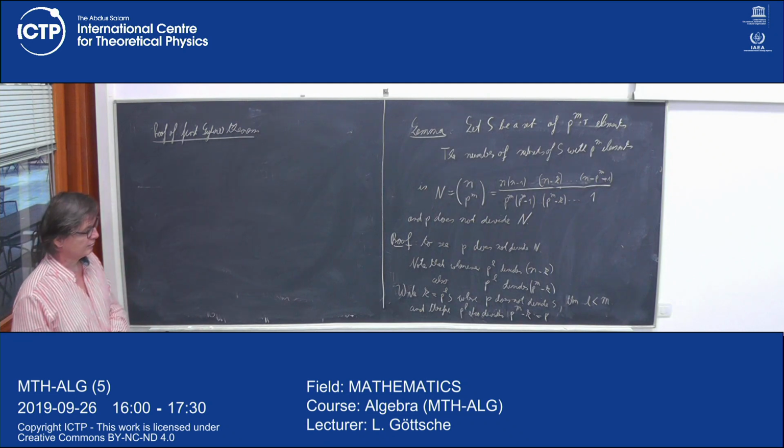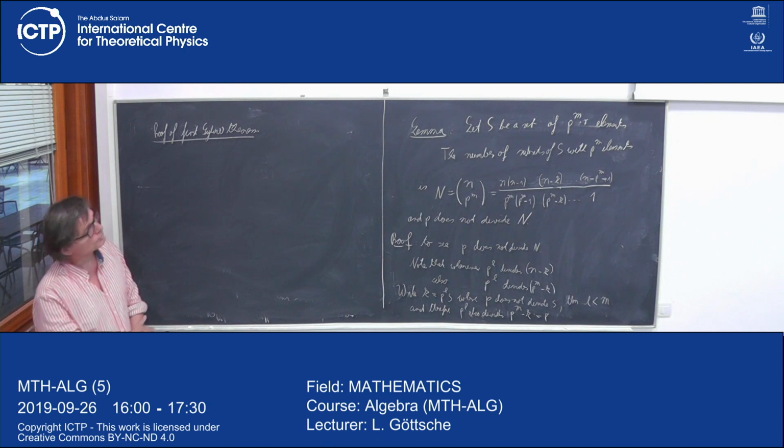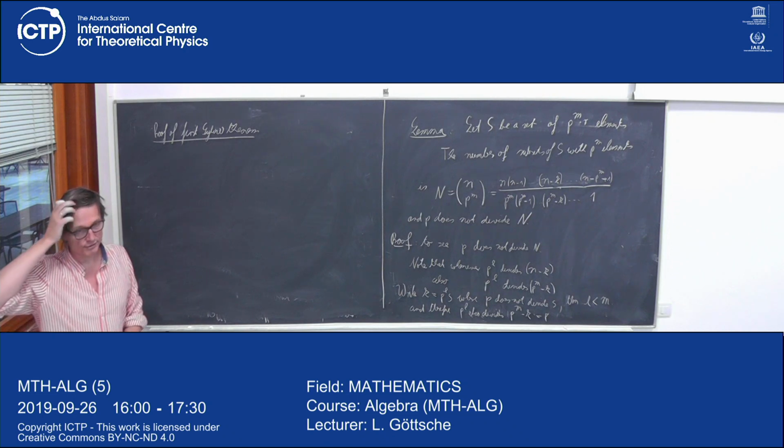This one has the advantage of being quite short. It has a disadvantage, it's quite unexplicit. You have to show that the group contains a p-Sylow subgroup, so a group with p to the m elements, and we will show that without telling you in any explicit way what this group is. There are other proofs which make it more explicit, but the proof is then more complicated.